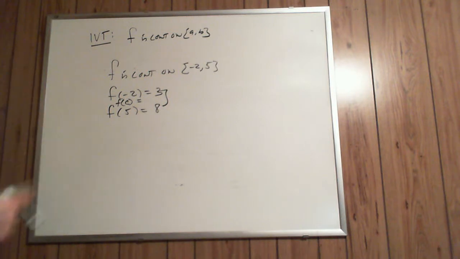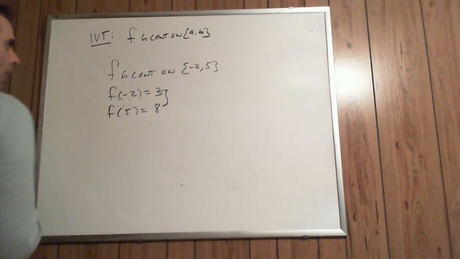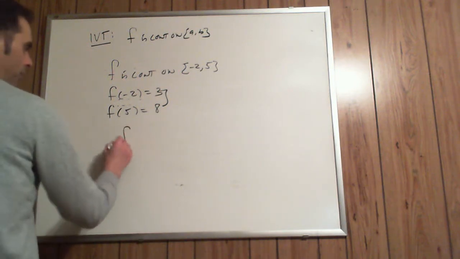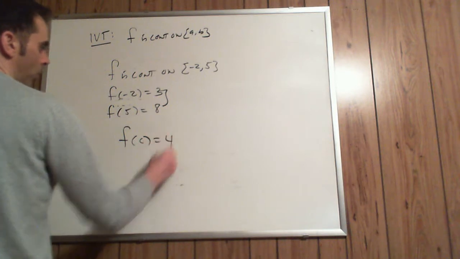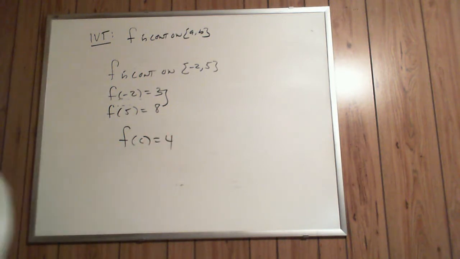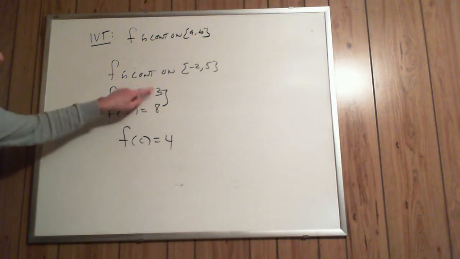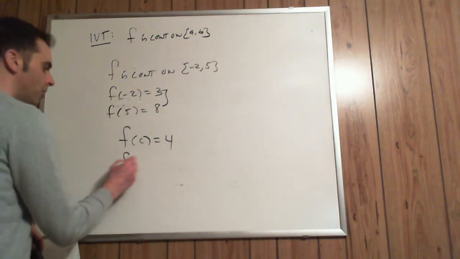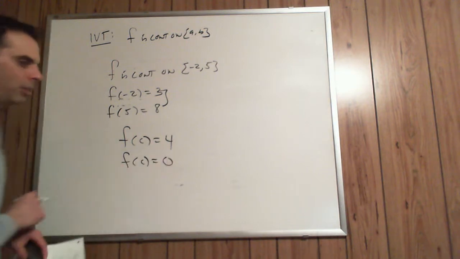So would it be true, would there exist a c value between negative 2 to 5 such that f at c would be equal to 4? And the answer is yes. There exists at least one c from negative 2 to 5 such that f at c would be equal to 4, because 4 lies in between 3 and 8. Are we guaranteed a c value such that f at c would be equal to 0?